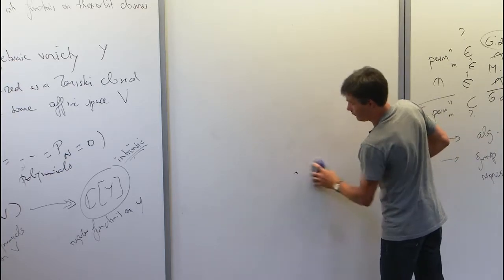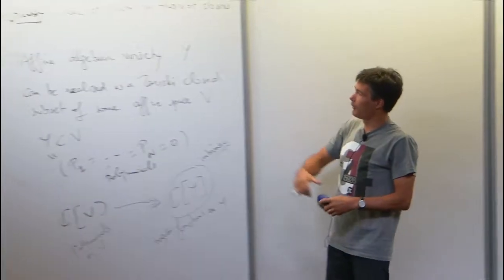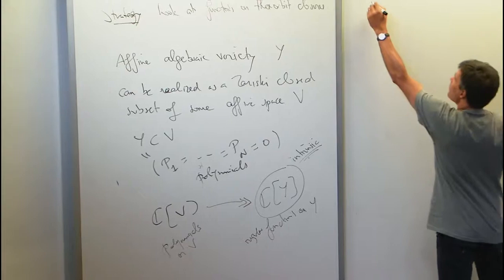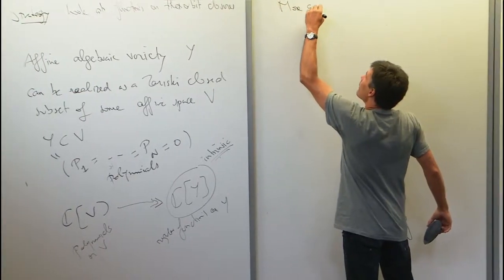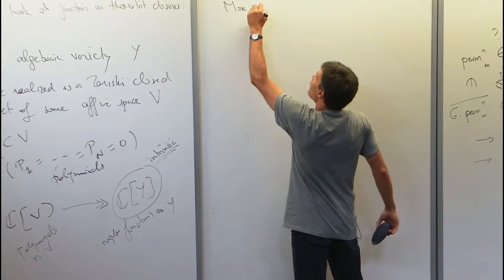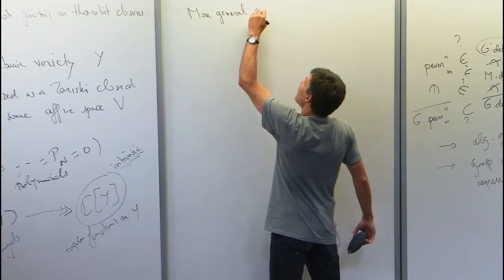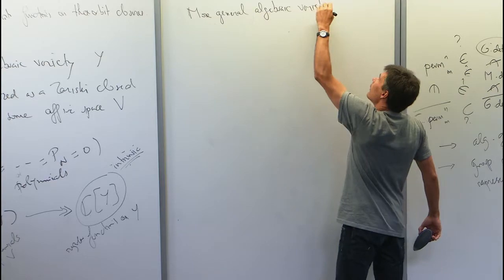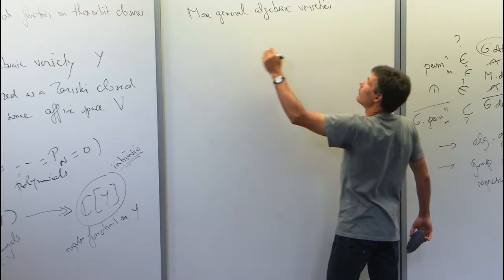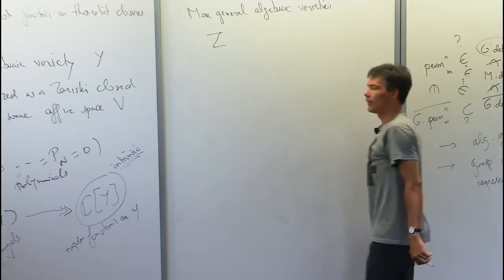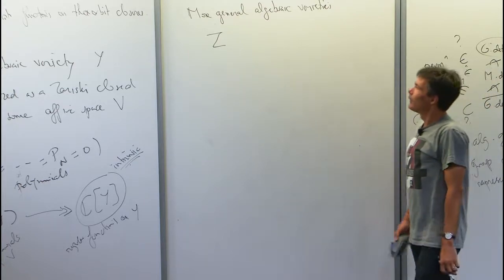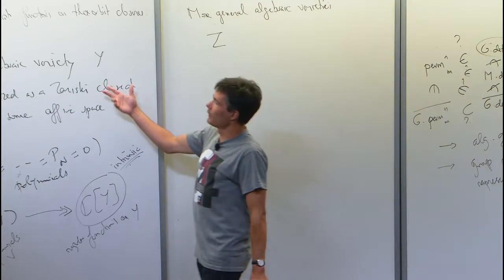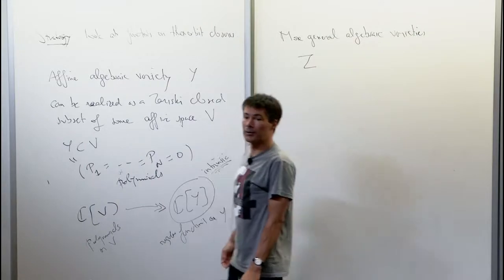So this is the case of affine algebraic varieties. There are more general algebraic varieties than affine ones. Essentially, you can think of them as being locally affine varieties.